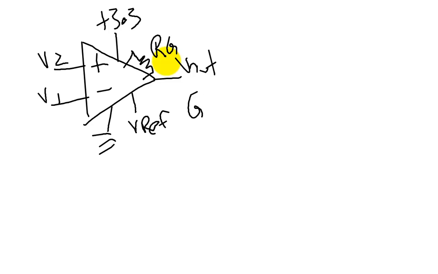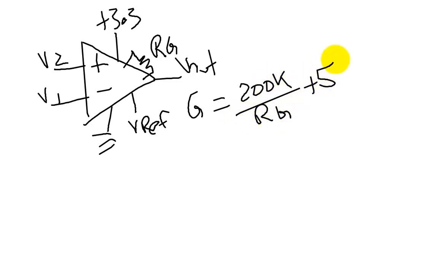You don't have to memorize it, but you might want to have a bookmark. That gain is equal to 200K over RG plus 5. And that's for an INA 122.